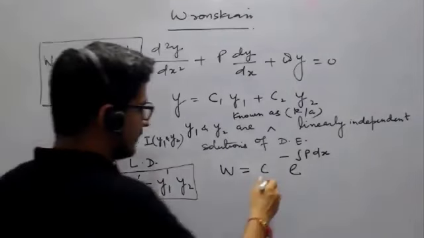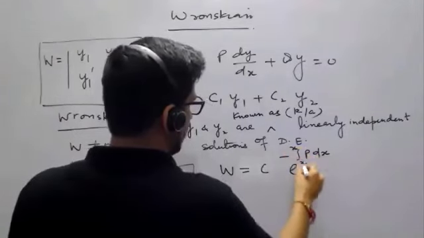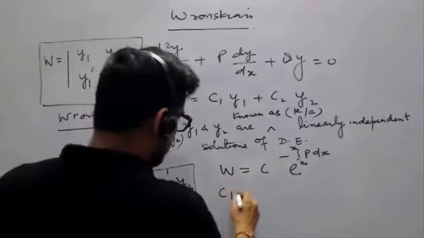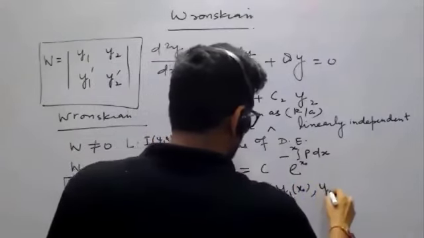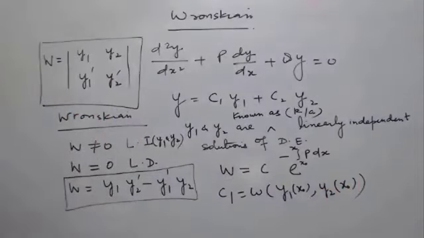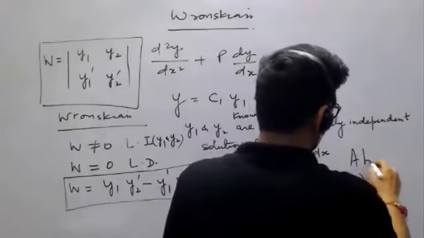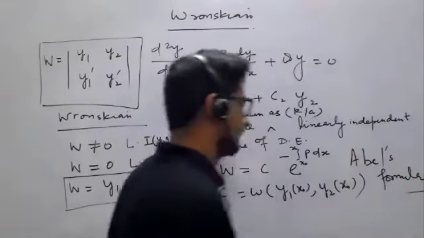And actually this integral is from some x naught to x, and the value of c is actually the value of W at the initial point. See, this formula is also known as Abel's formula.